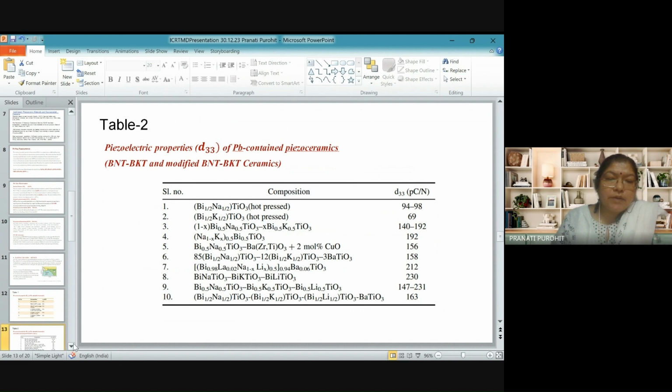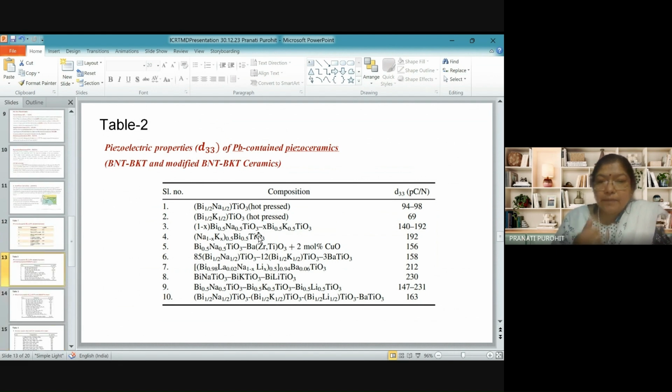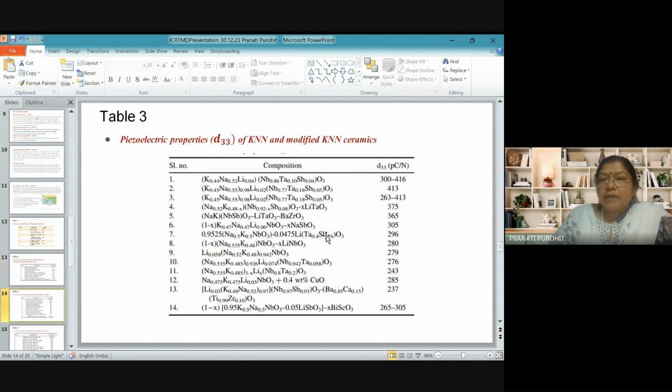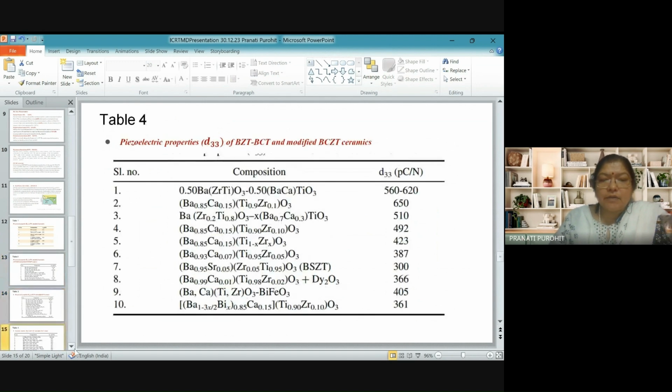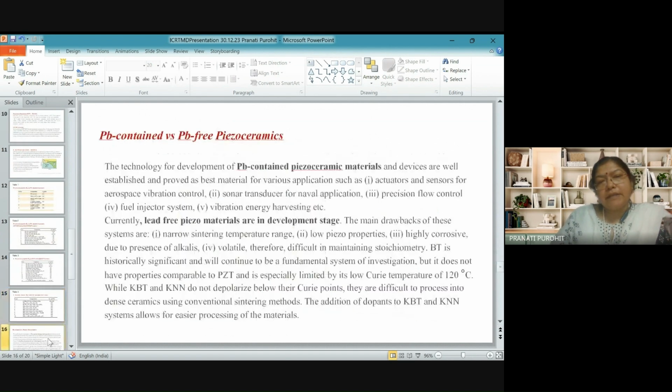When we move to the other lead-free systems, the maximum is around 300 to 400 picocoulomb per Newton. So it is found that these lead-free systems show lower piezoelectric coefficients, but if we synthesize these lead-free materials with different combinations, we can increase the piezoelectric coefficients.